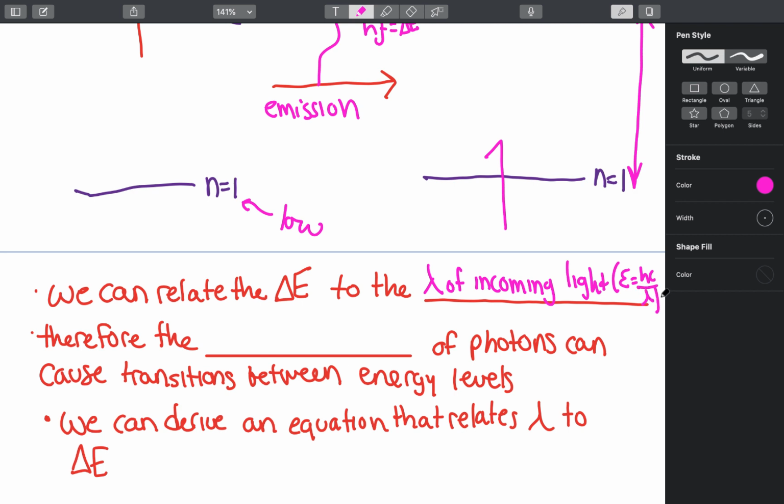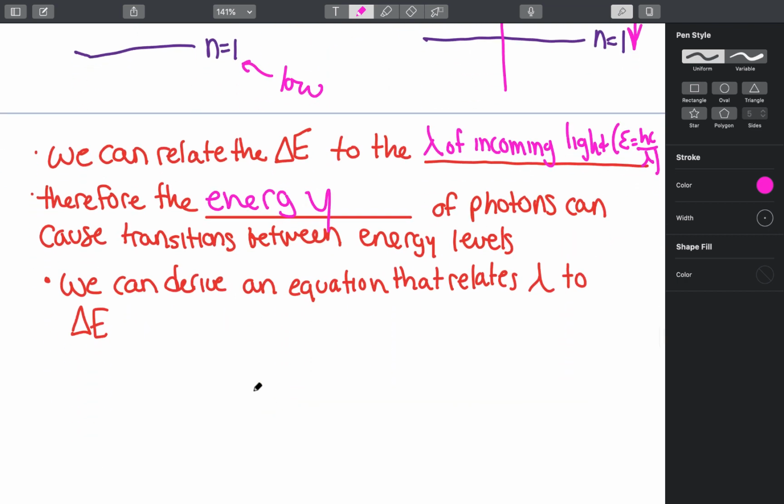Therefore, the energy of photons can cause transitions between energy levels. So the only requirement for these photons is to have the same amount of energy as the energy difference between the two levels. So we can derive an equation that relates lambda, or wavelength, to the energy transitions.